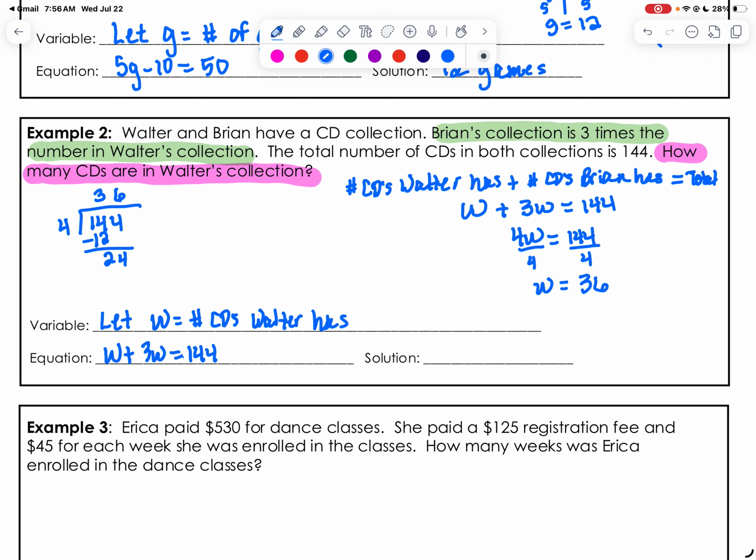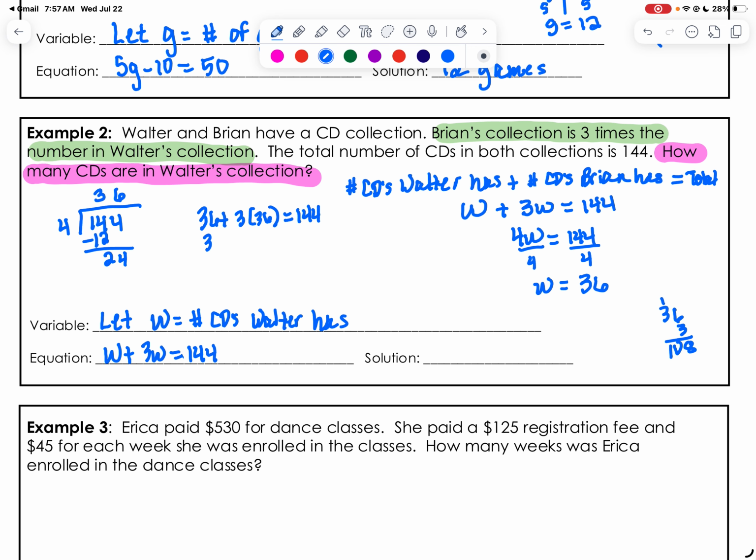Now, to check this, I'm going to say 36 plus 3 times 36. Does that equal 144? Well, let's figure out what 36 times 3 is. That would be 108.